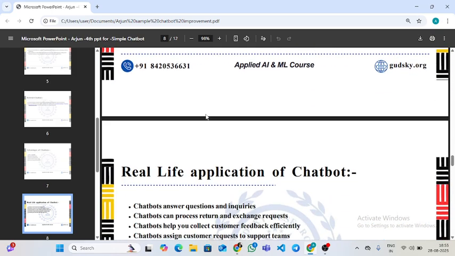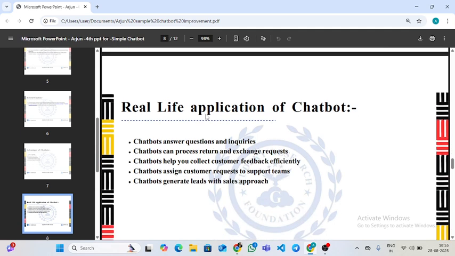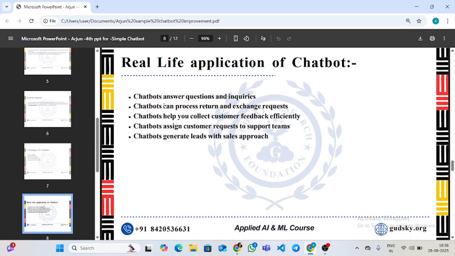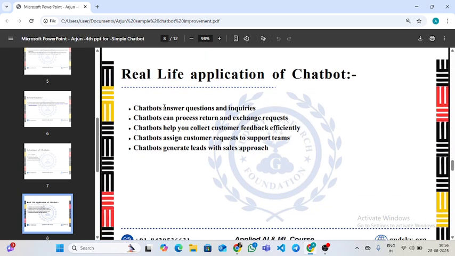That is the real-life application of chatbots, meaning where we use chatbots. As I explained previously, the college website is a common one. We will see the main applications one by one.